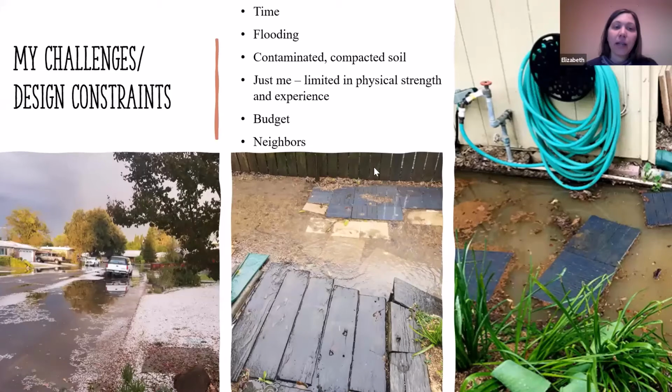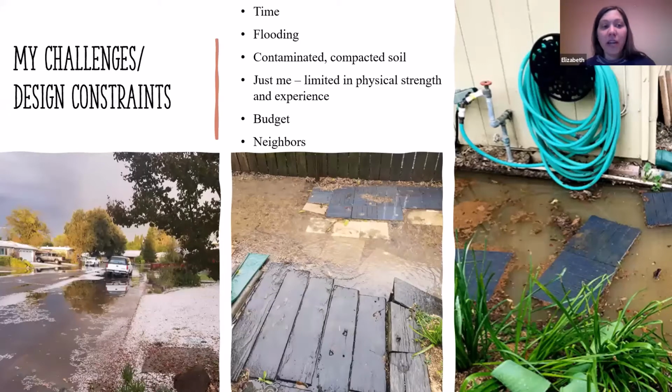And finally, our neighbors, most of them are elderly. A lot of them have lived on the street for decades, and they have very traditional views of what the front yard should look like. You can get an inkling from this picture of what the front yards look like, which is very pristine, well-maintained green lawns.